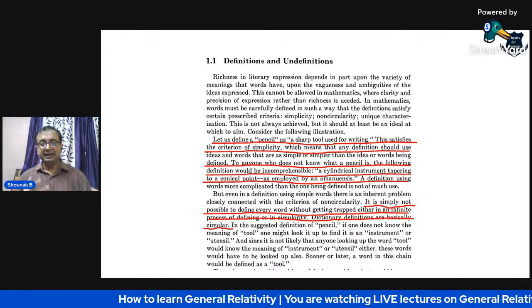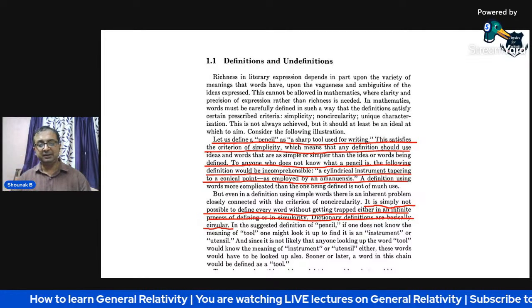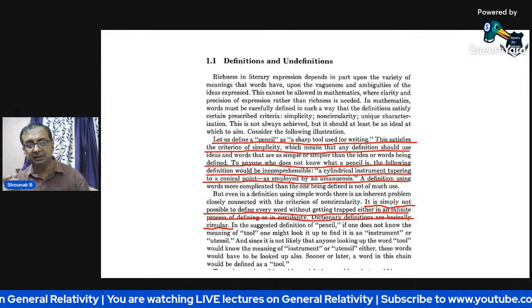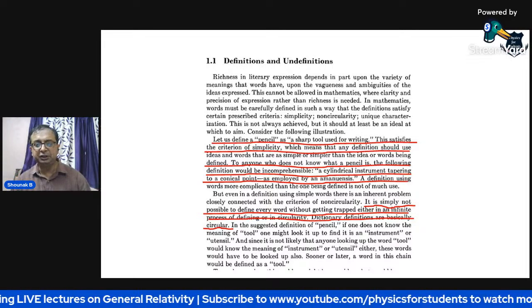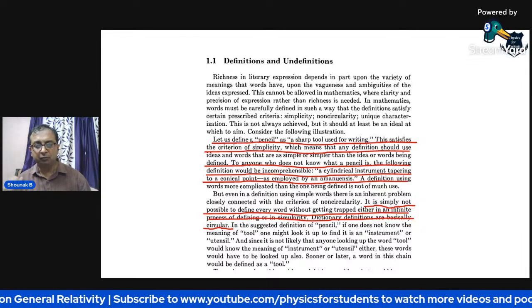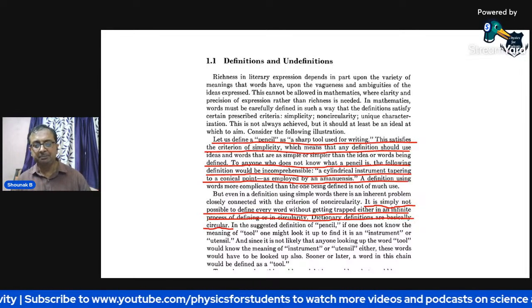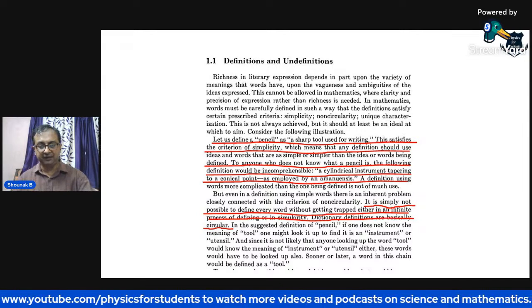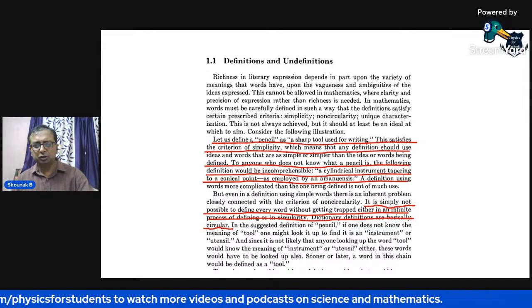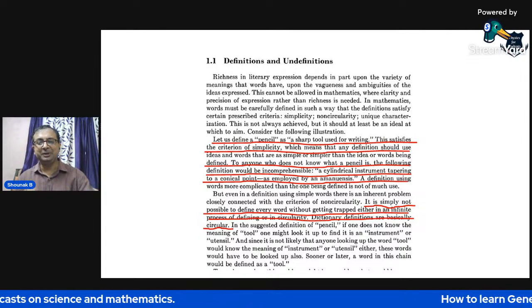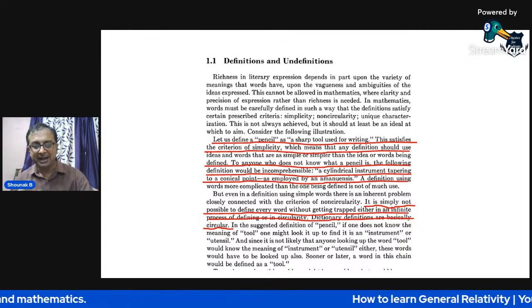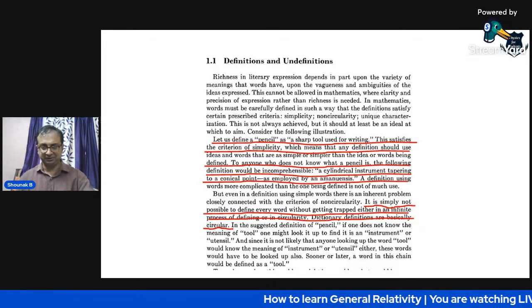You see here, it says, let us define a pencil as a sharp tool for writing. This satisfies the criterion of simplicity, which means that any definition should use ideas and words that are simple or simpler than the ideas or words being defined. To anyone who does not know what a pencil is, the following definition would be difficult, incomprehensible: a cylindrical instrument tapering to a conical point as employed by an amanuensis.